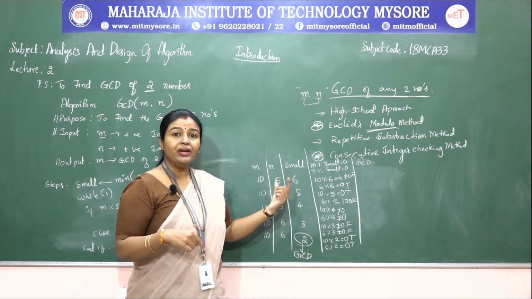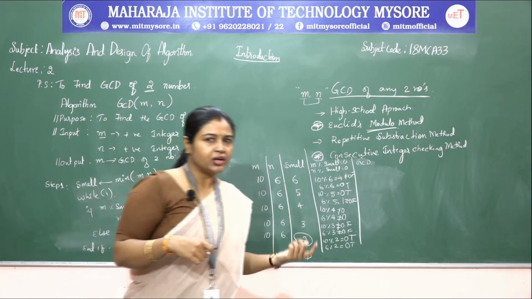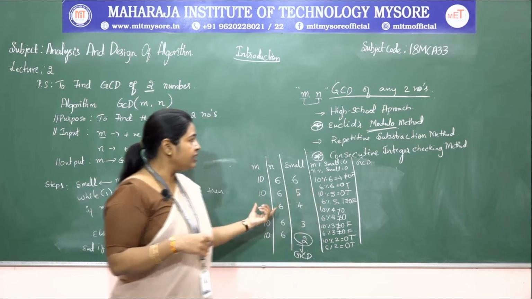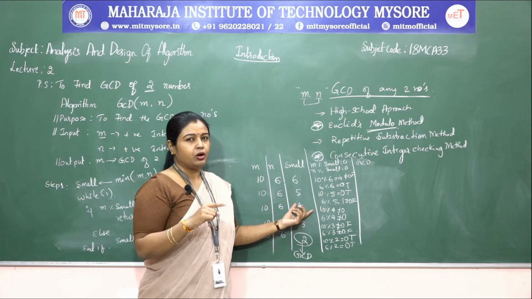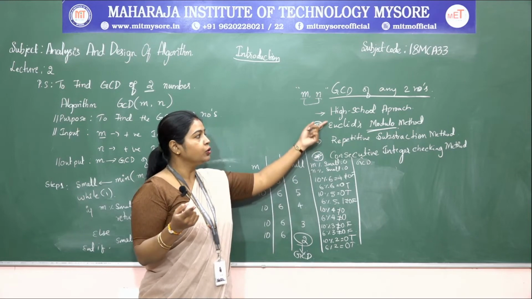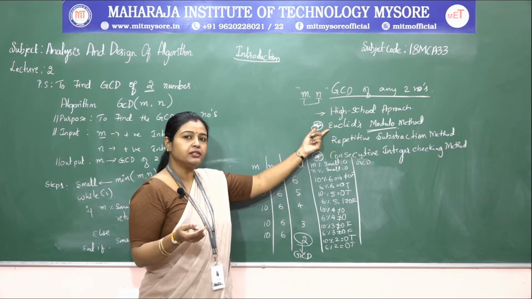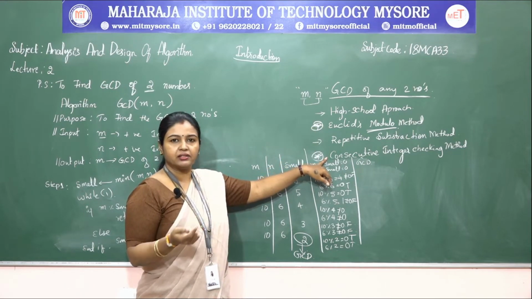So in the consecutive integer method, which one will be the better one, whether it is the Euclid method or the consecutive integer method? Definitely we can say the consecutive integer method is not good compared to what? Euclid's modulo method, or in turn you can say that the modulo method is better than the consecutive integer checking method.